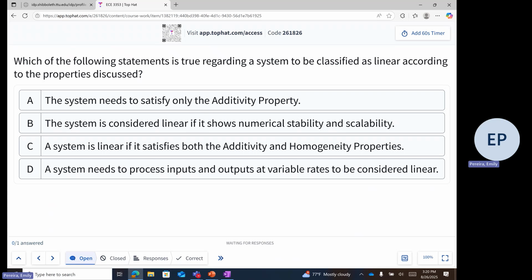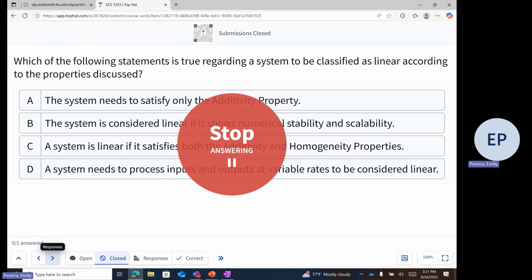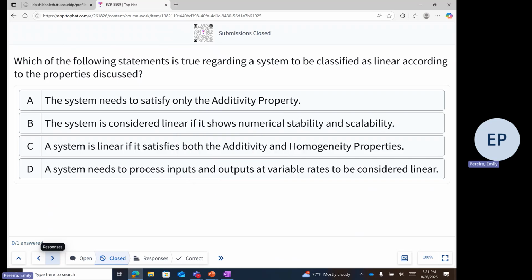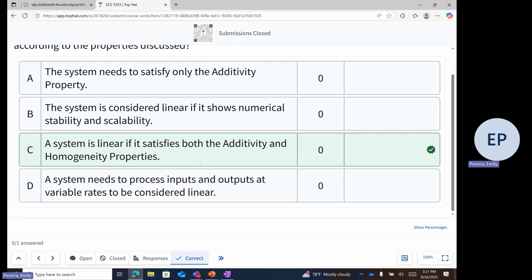C, a system is linear if it satisfies both additivity and homogeneity properties. Or D, a system needs to process inputs and outputs at variable rates to be considered linear. Okay, so hopefully you chose C. C is the correct answer.